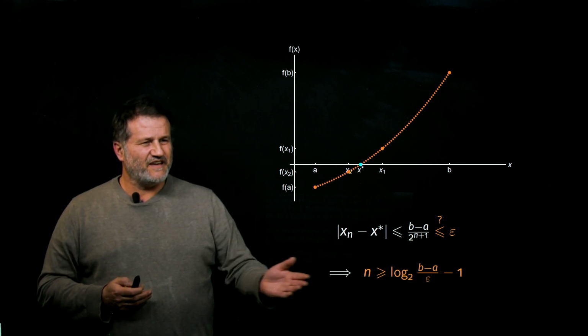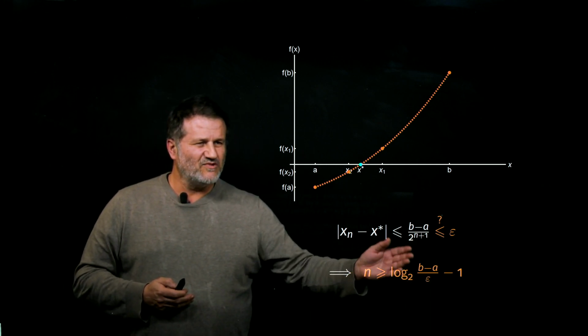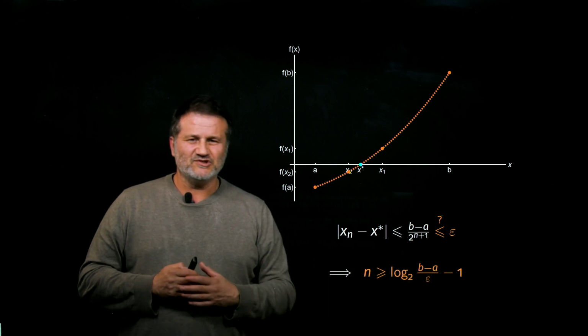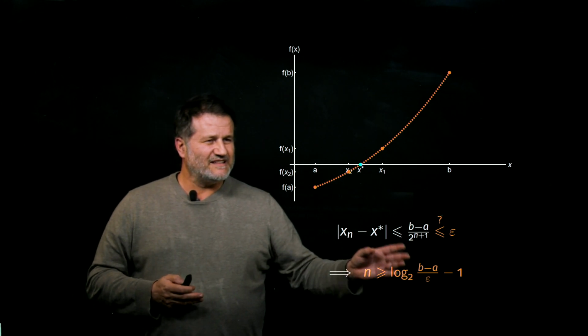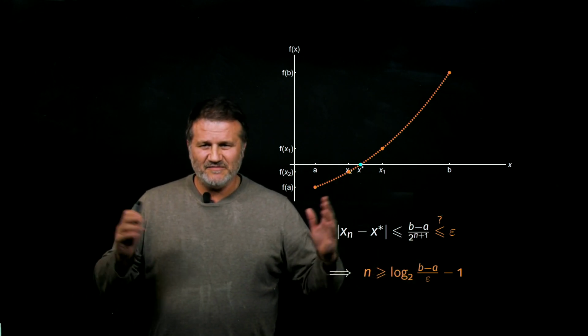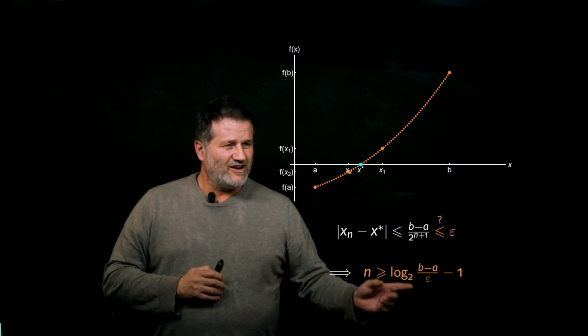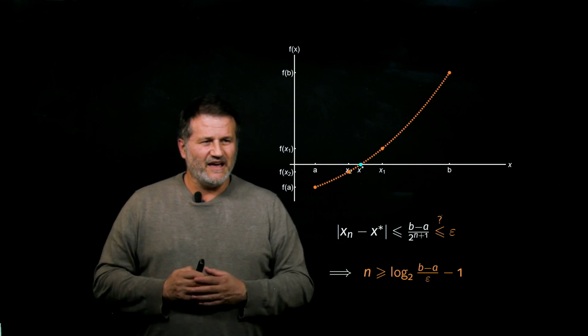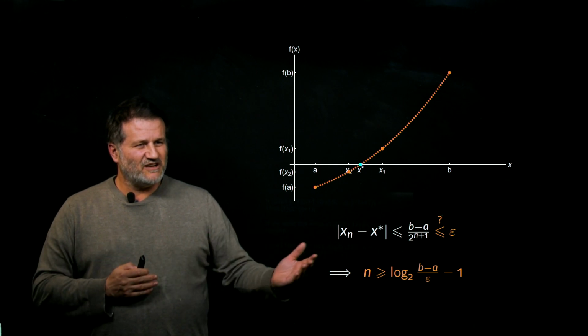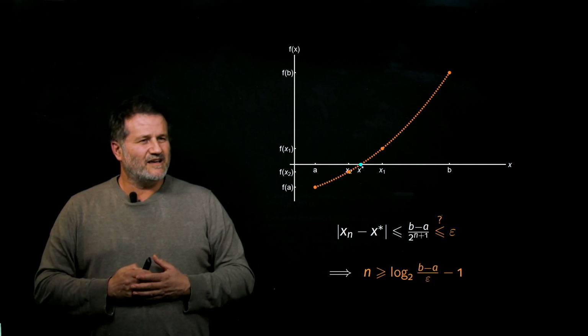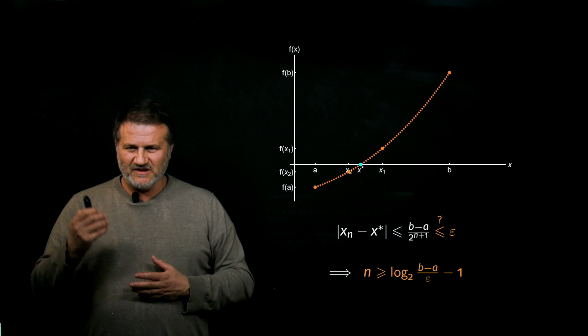Now this happens if n is larger than log base 2 of (b minus a) over epsilon, minus 1, which is remarkably a quantity that depends only on a and b, the endpoints of the interval, and on epsilon, the error, but not on f.